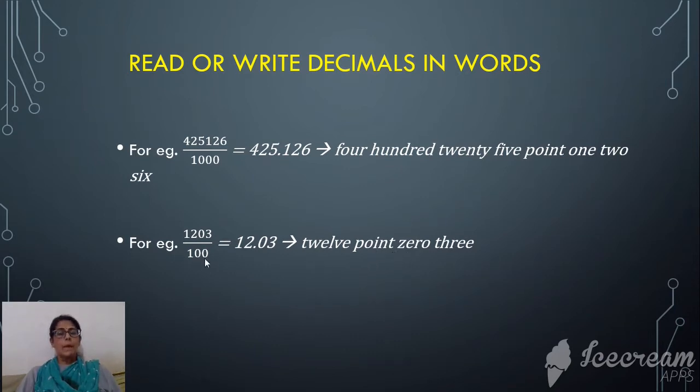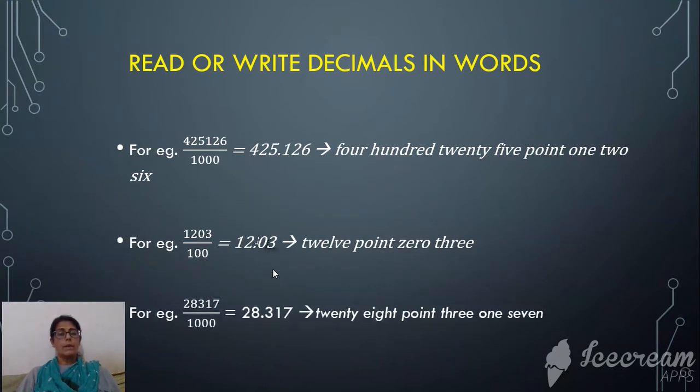Once again I am explaining here. In the denominator you can check, here is 100. So we have to place the decimal 2 digits from the right side. Understand?